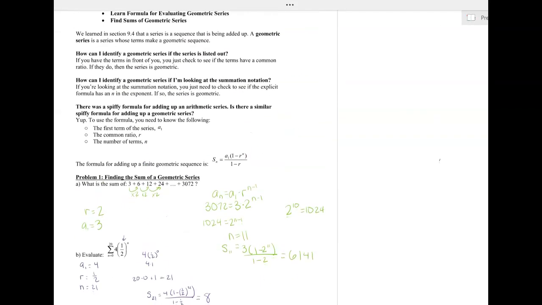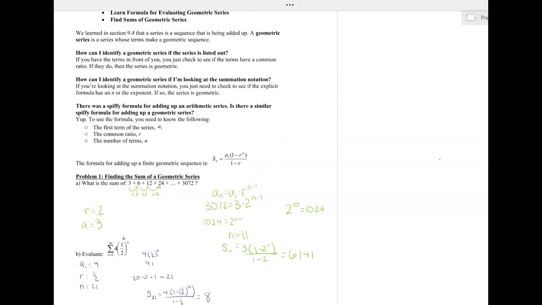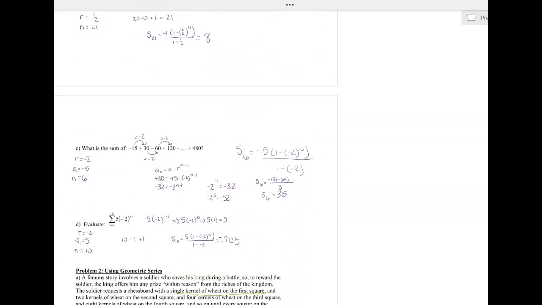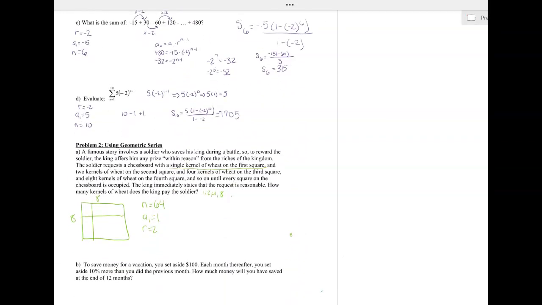So now I've got everything that I need to plug into this lovely formula again. So I'm going to have S sub 64 is equal to a sub 1, which is 1, times the quantity of 1 minus r, which in this case is 2, to the nth, which is 64, all over 1 minus r, which is 2.